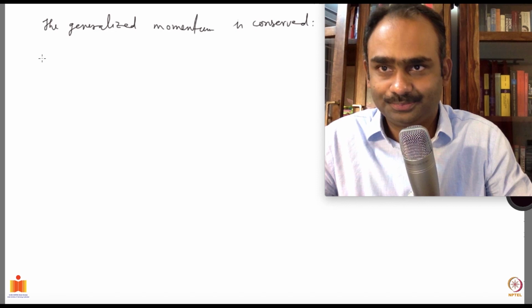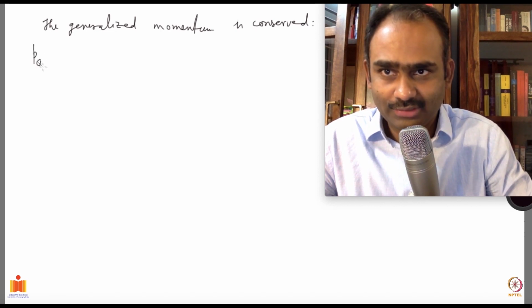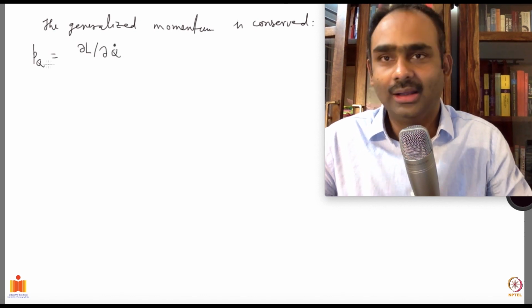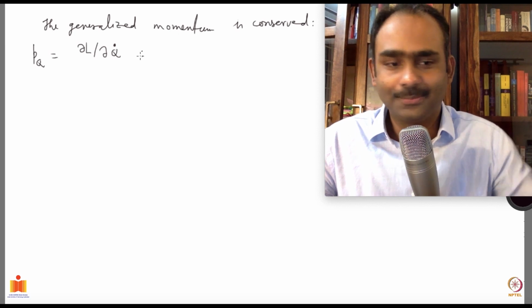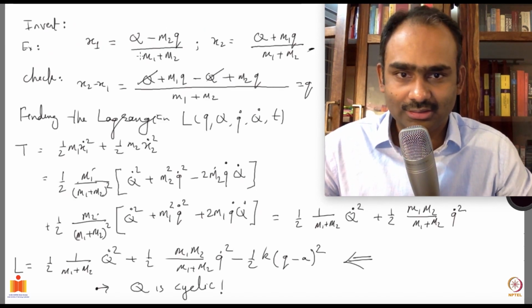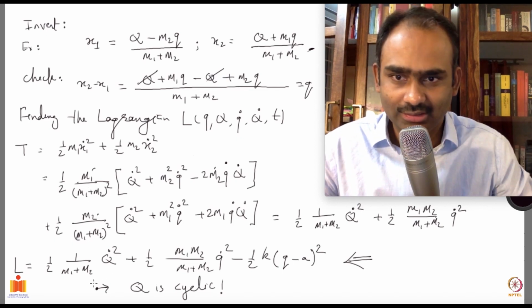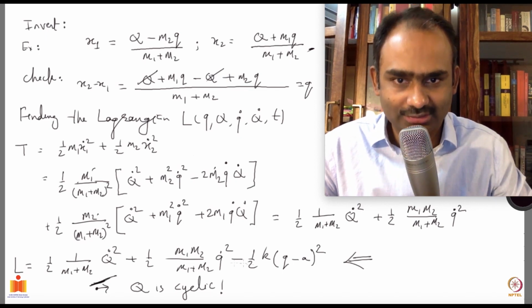The generalized momentum PQ is del L over del Q dot. Remember this? And what is del L over del Q dot? This is the only place where Q dot appears. There is no other place.